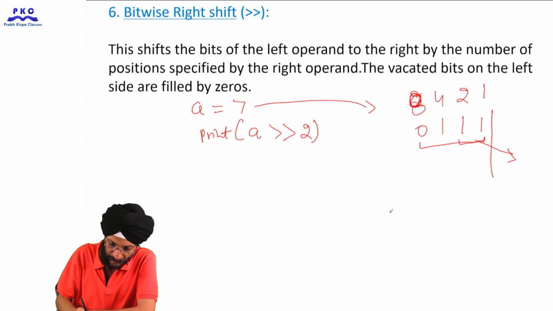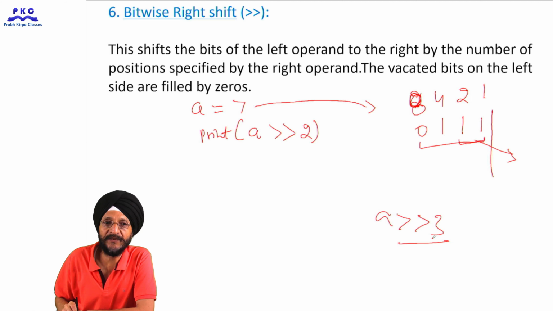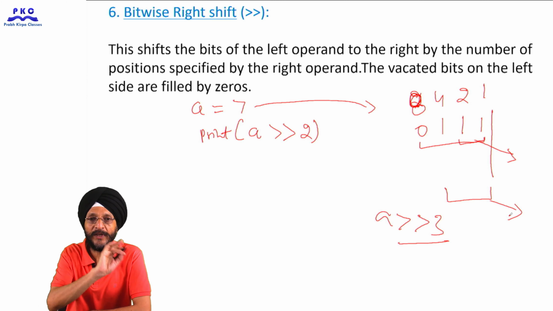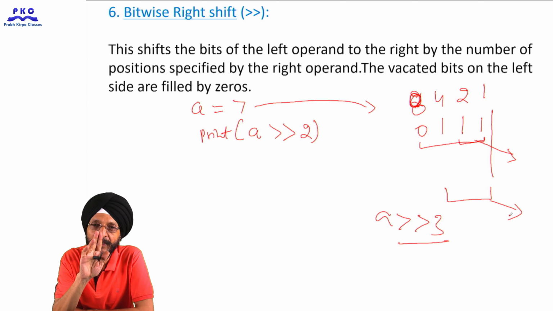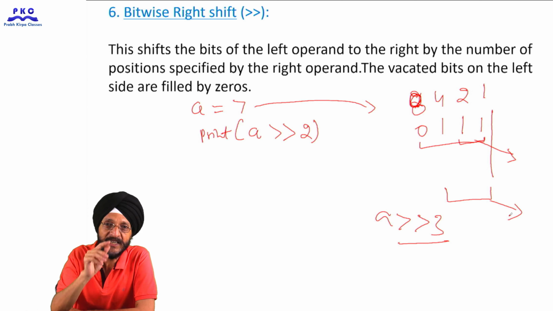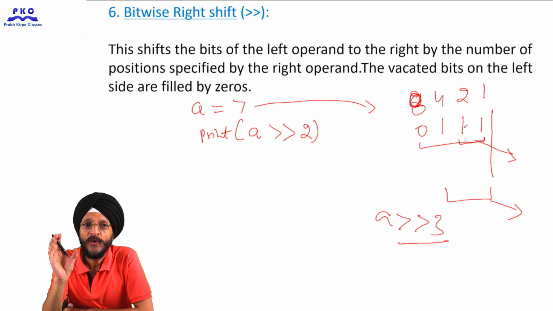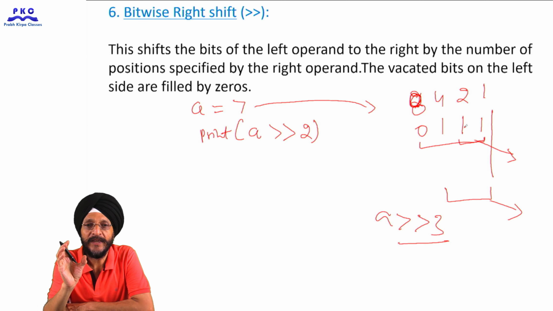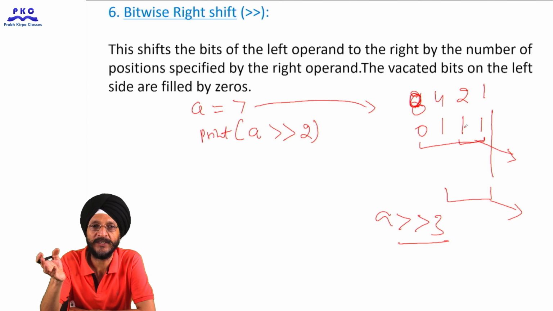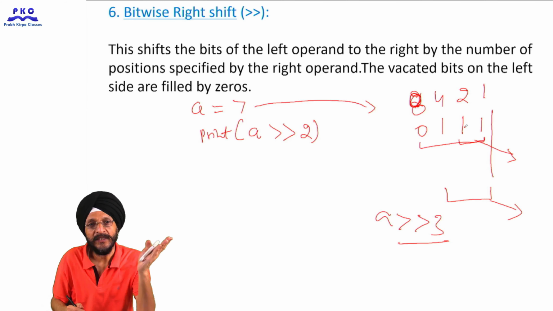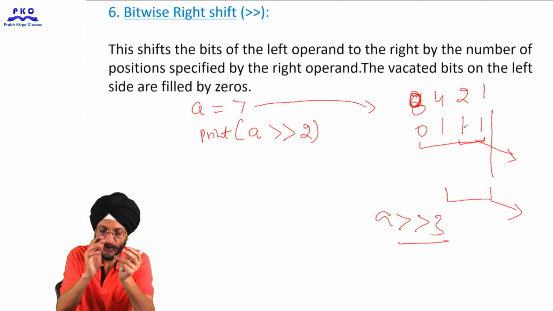If a bitwise right shift 3 had been given, then we would have shifted these three outside. But in this question, only bitwise right shift 2 is mentioned. That is, the right side two bits will have to be shifted outside. And the gap left on the left hand side will be filled with zeros.